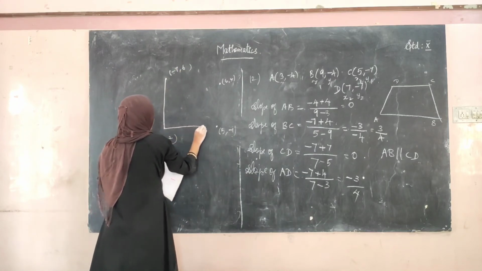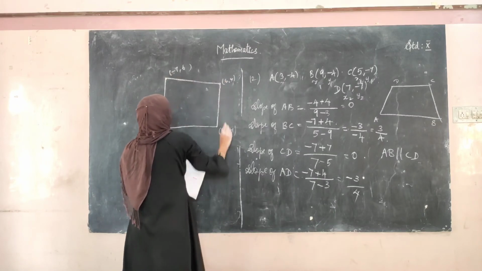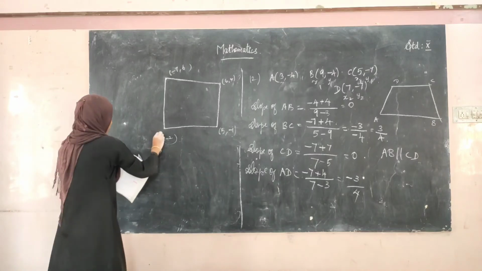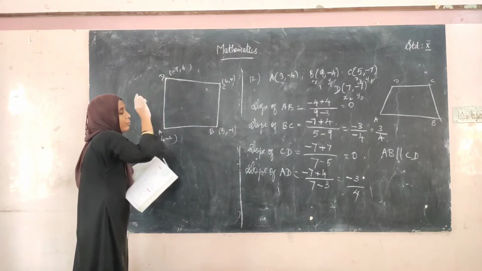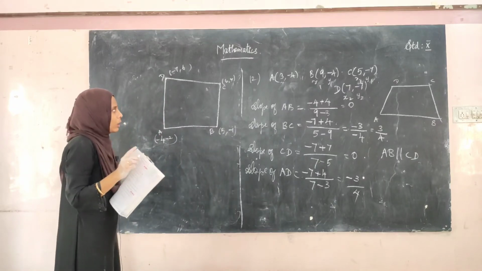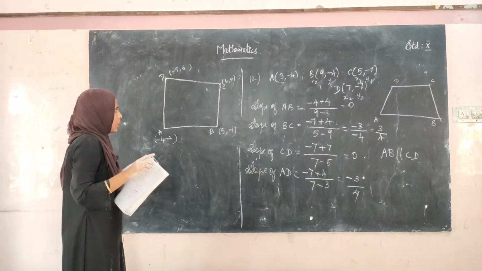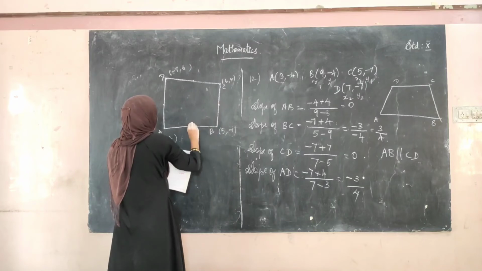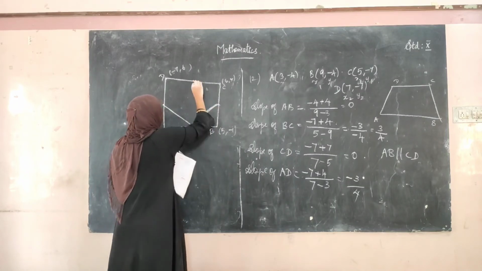So what they have given is a parallelogram. Okay, so this is a parallelogram. This is A, B, C, D. What you have to find is, when the midpoints of these sides are joined together, you have to tell whether it forms a parallelogram or not.